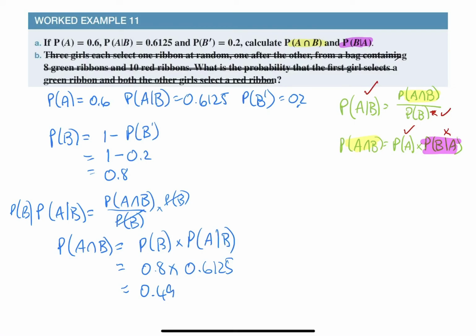Now I have this value, so I'll be able to calculate the probability of B given A. I'm going to use the second formula now to get the second part.